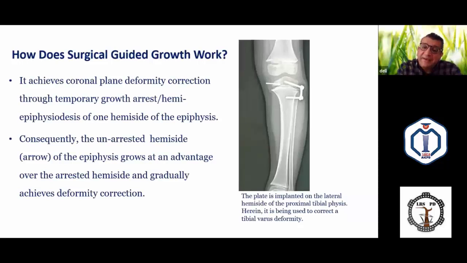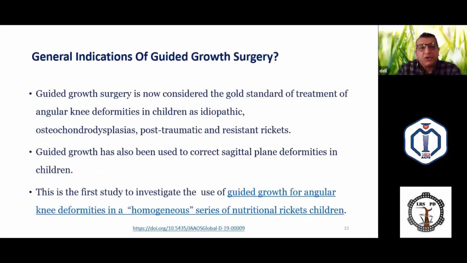This gives an advantage to the medial hemiside of the same epiphysis to overgrow and push the growth of the tibia unidirectionally towards valgus. So the unarrested physis will overgrow in the direction of valgus until it gradually corrects the alignment of the limb. Okay? This is the main concept.